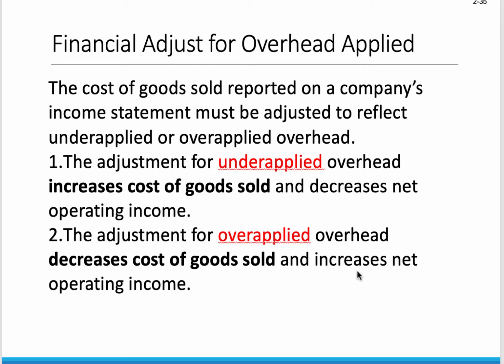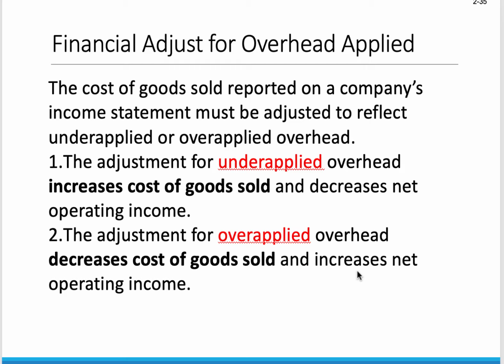How do we fix these? Well, very simple. If we under applied, we did not account for costs. We still have costs that need to be accounted for. We need to increase our cost of goods sold. If we over applied, we have to decrease our cost of goods sold.